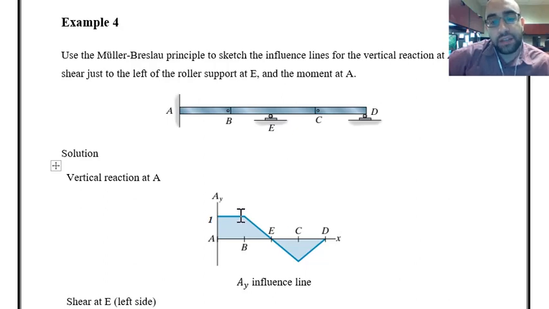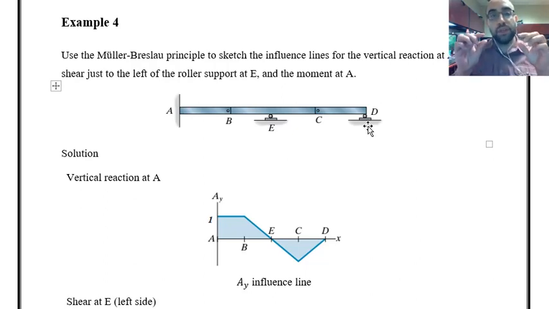The reason that we had such rotations is that at points E and D, we have the roller supports, which means that the beam cannot have displacement at points E and D. So the deformed shape should return to the original location of the beam at points E and D because of those roller supports. That was the vertical reaction at A.